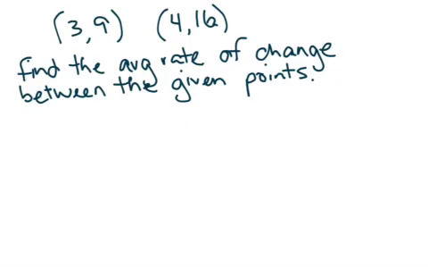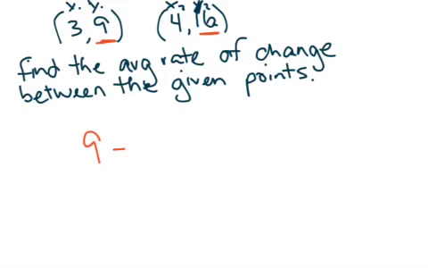Okay, so here's an example. Find the average rate of change between the given points. Alright, so here is my x1, y1, x2, y2. That's a y. Sorry. Alright, so f of b is 9.